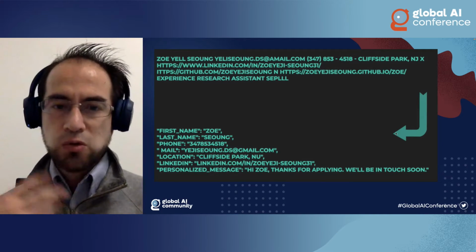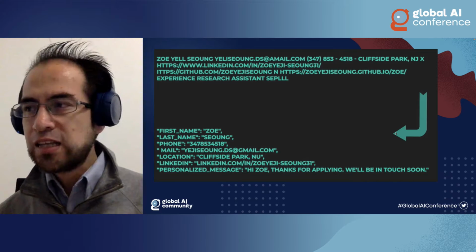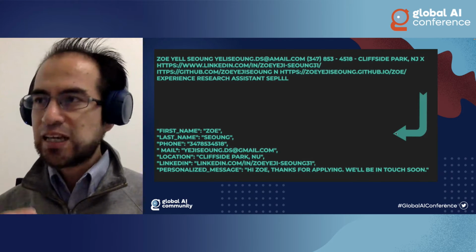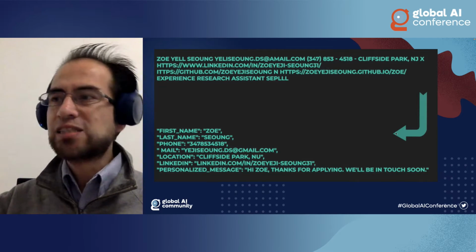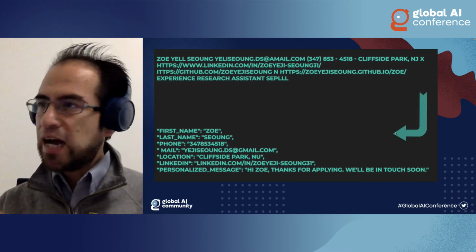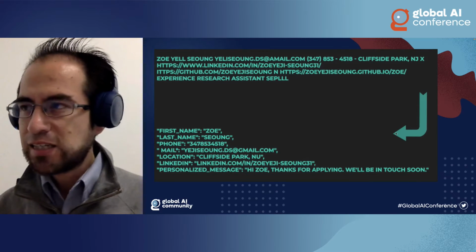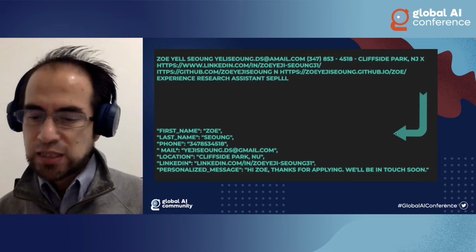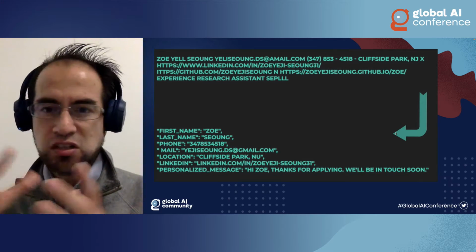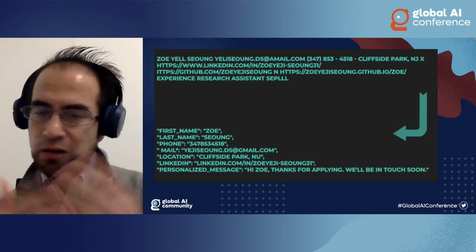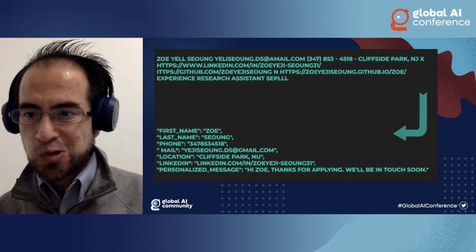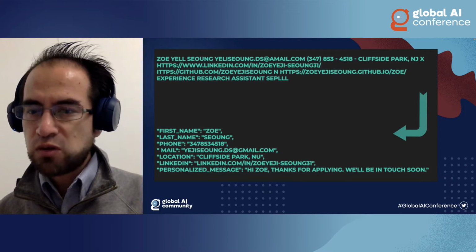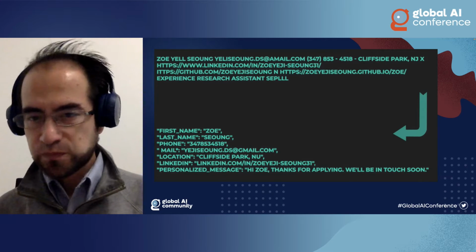So what we can do is find a model that understands, okay, this is the first name, this is the last name, this is the email. Then we provide this data to our trained model, and we can create a structured version of all this data. So this would be a good example of what we can use it for.